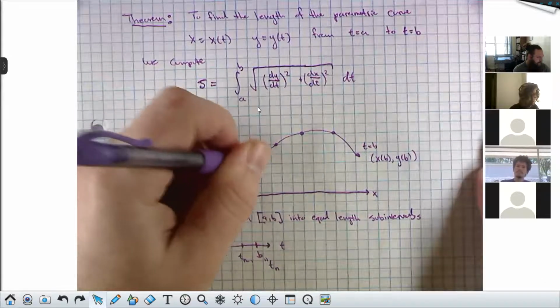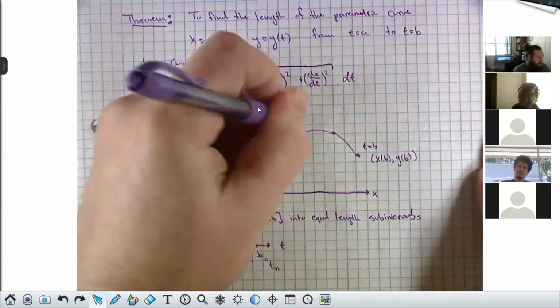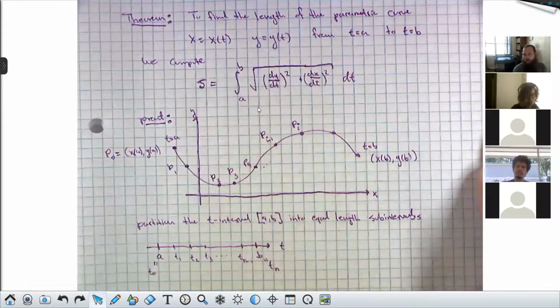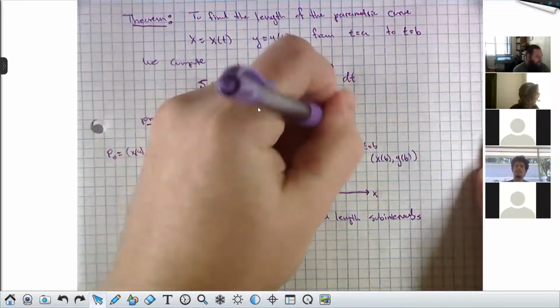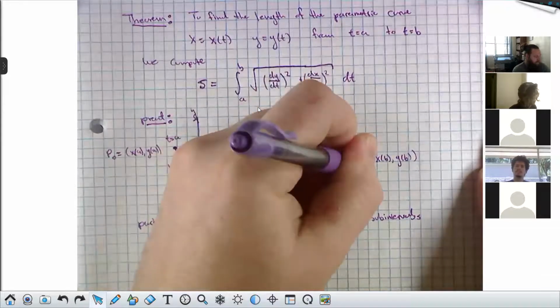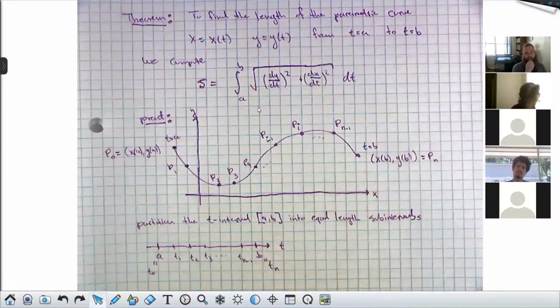We'll call this P4. These two I'm going to call Pi minus 1 and Pi, just like generic points. They're two consecutive generic points. This would be Pn minus 1, and this would be Pn. So by partitioning the time interval, we get a bunch of points along the graph of my parametric curve.